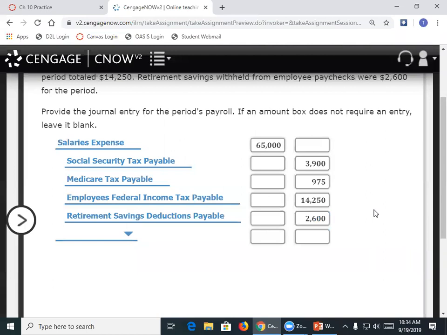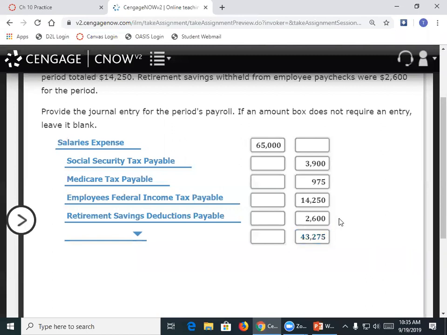So total salaries expense, the gross pay, minus all the deductions, what does that equal? So that's my gross pay minus all of my deductions. 43,275. Very good. And what does that represent?